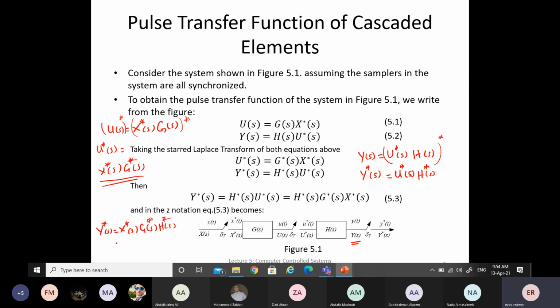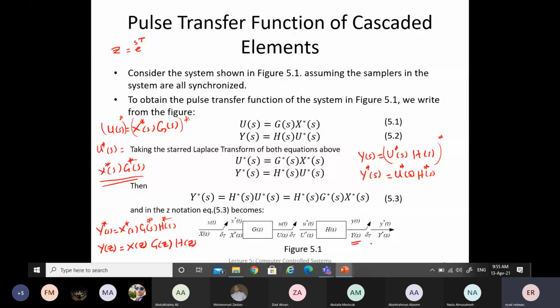Therefore, the z transform for this, you remember we said that the z transform for a sampled discrete signal is obtained by replacing z equals e to the power sT. So I can write this straight away: y of z equals x of z, g of z, h of z.